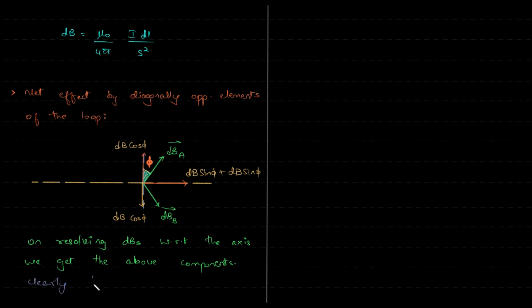Clearly, the perpendicular components cancel each other while parallel adds. I mean, it's not exact language, but you guys understand. So the net effect of A and B is equal to 2 dB sin phi.